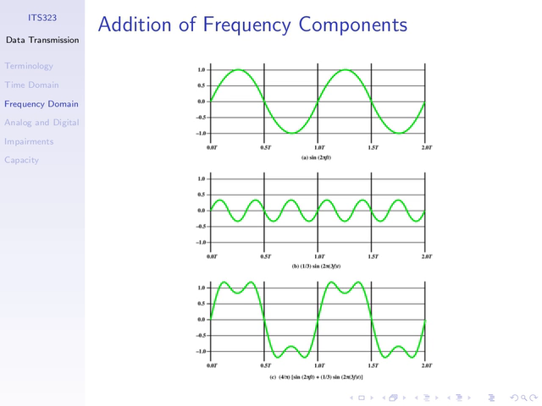So by combining the sinusoids, we can get different shaped communication signals. And that's how people design the communication signals. They're much more complex than this, but this illustrates by adding them together, we can get a different shaped signal.